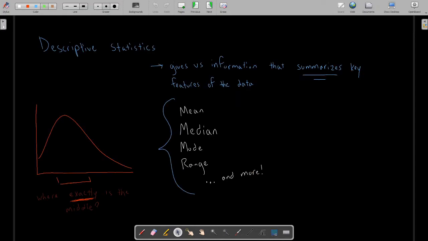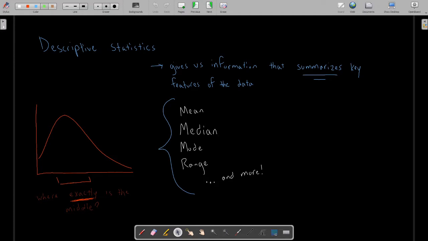So descriptive statistics give us information that summarizes key features of the data. As we saw from an earlier video, when we're describing data, we try to give an indication as to what the central tendency is, as well as dispersion, how far the data spreads out.